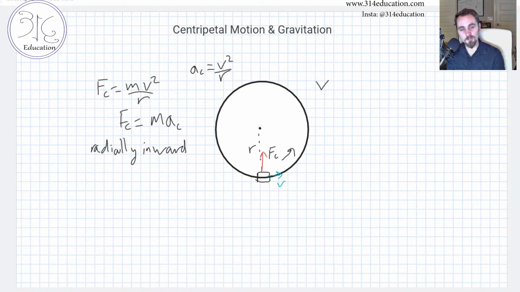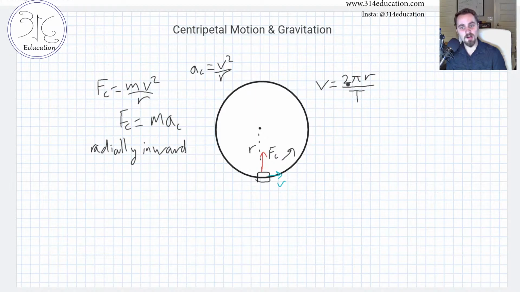Displacement over time in this case would be a travel of an entire circumference every period, because a period is the time it takes to complete one lap, and one lap around a circle, if we travel around the edge, is a distance of a circumference, or 2 pi r. And so the distance over time would be 2 pi r over t.